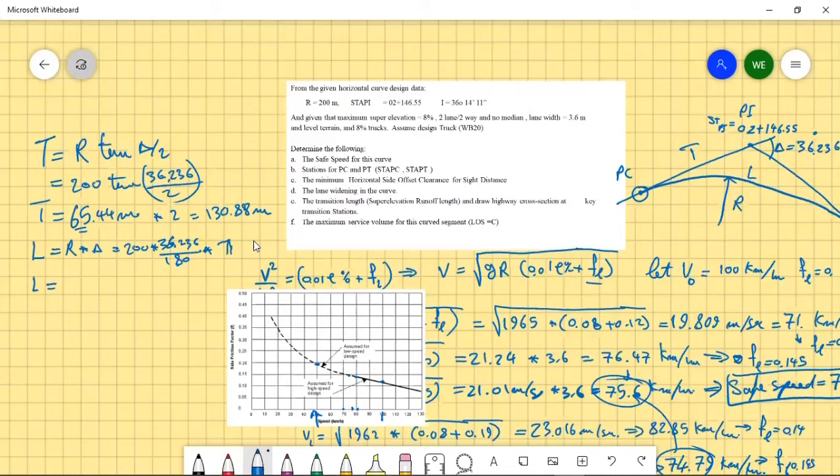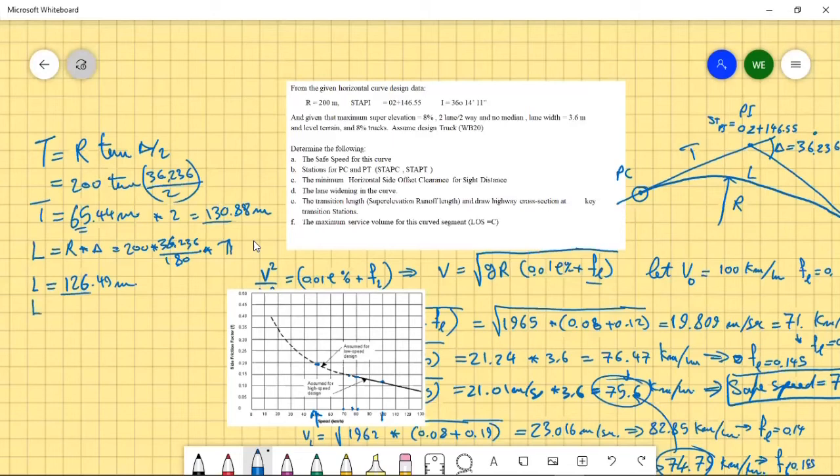It's 126.49 meters. Okay, as long as it's less than half this, we are in good shape.